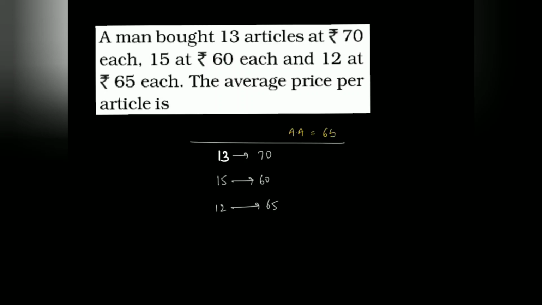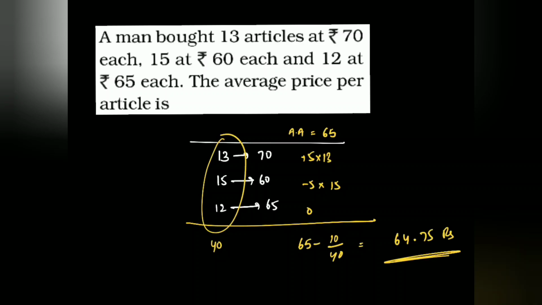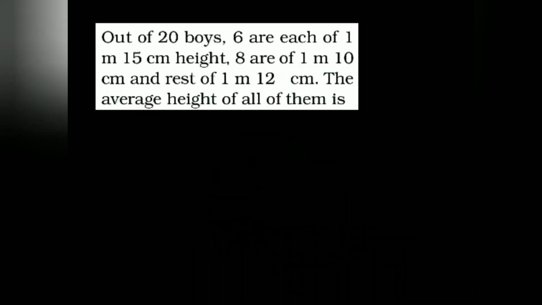It becomes plus 5, minus 5, 0. Multiply it with the respective observation, plus 13 into 13 here, into 15 here. Now this is into 12 also, it becomes 0 only. 65, your deviation is minus 10 divided by the number of observations, which is 40 here. 65 minus 0.25 gives you 64.75. So 64.75 is your answer there.